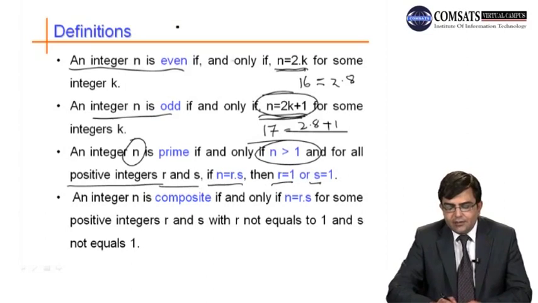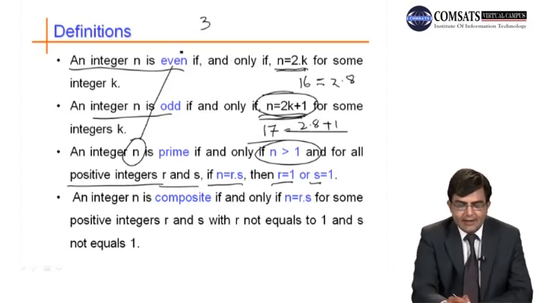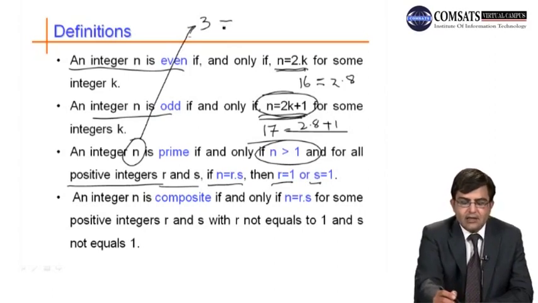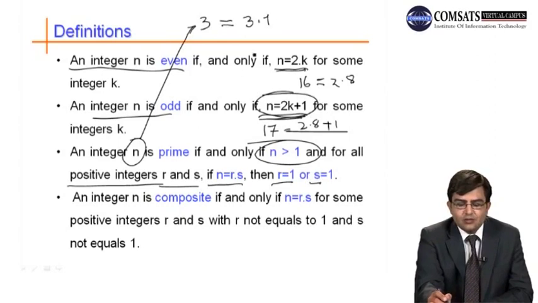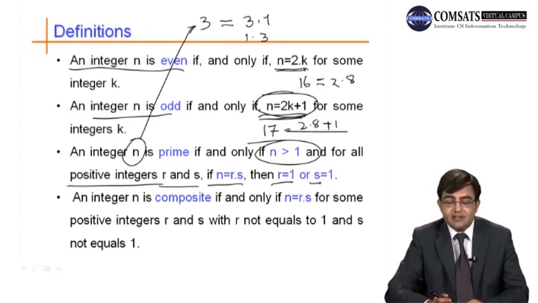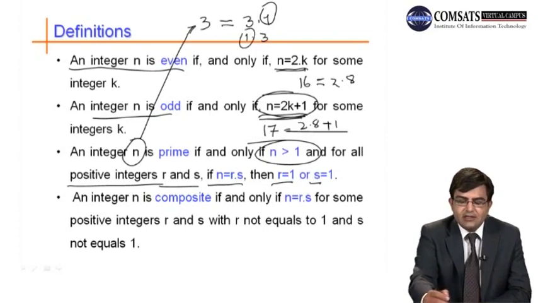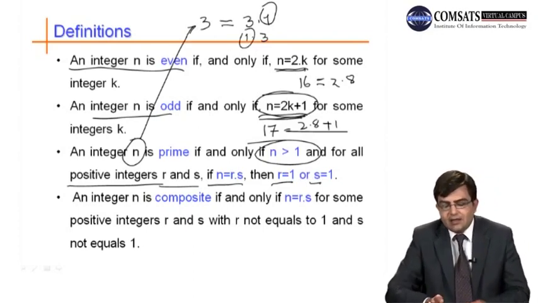So how do we interpret it? For example, we have 3 as n. Then 3 can be written as 3 into 1 or 1 into 3, as a product of two integers. So here we can see that one of these two integers is 1.